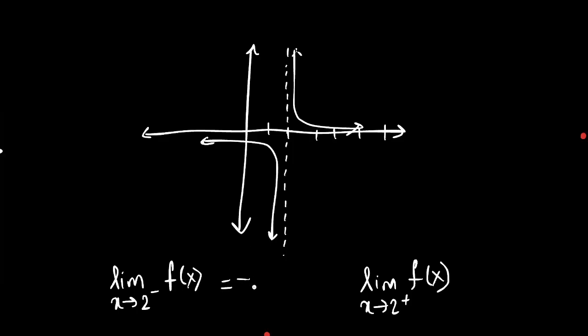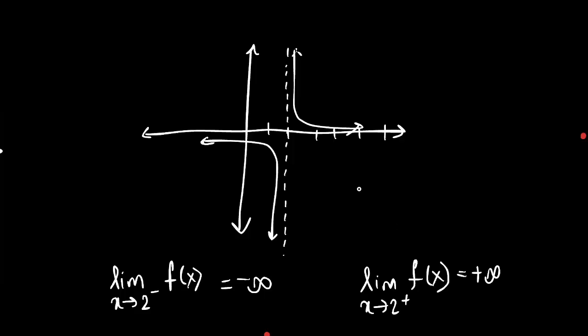It continues on forever downwards, infinitely approaching this asymptote, but never making contact. So here, the limit is going to be negative infinity. But as we approach 2 from the right-hand side, it isn't negative infinity, but rather positive infinity.